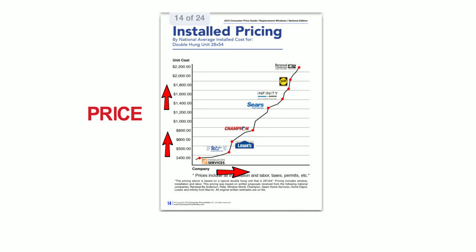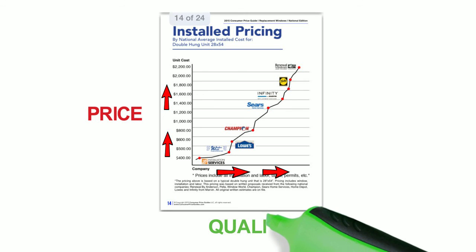That's very clear. What's not as clear is going towards the right. There's a very strong correlation of quality. That does not mean that one company on top of the other is higher quality. However, there is a strong correlation there. And so we want to make them aware of the fact that there's a correlation between price and quality.